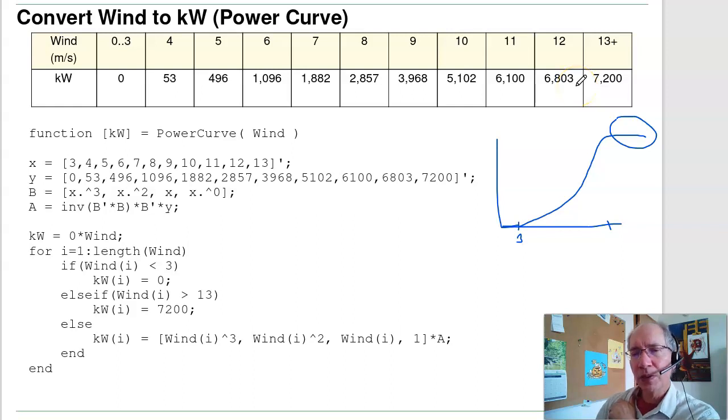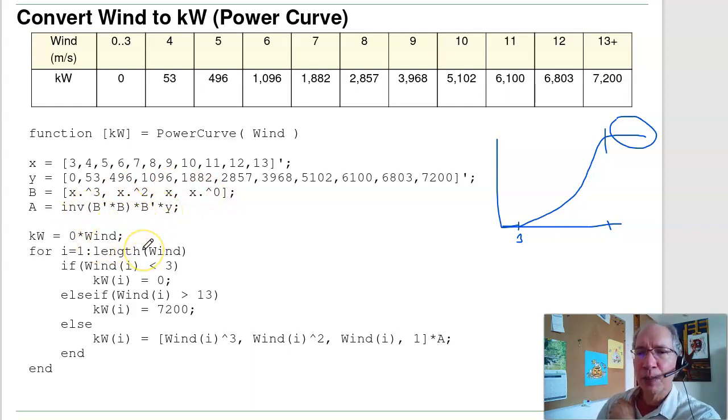One way to do that is what we did last week, do a curve fit. I've got my data points between 3 and 13. Here's the kilowatts between 3 and 13. Let's do a cubic curve fit. So for this part, I've got a cubic. There's my basis. Here's my least squares curve fit.